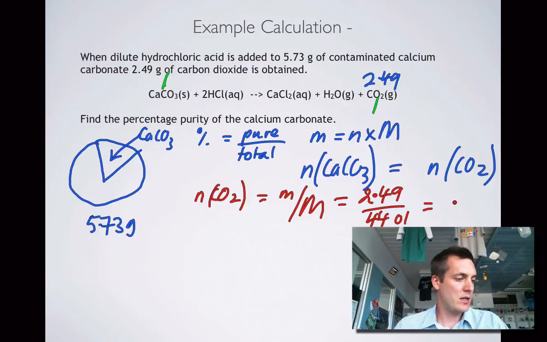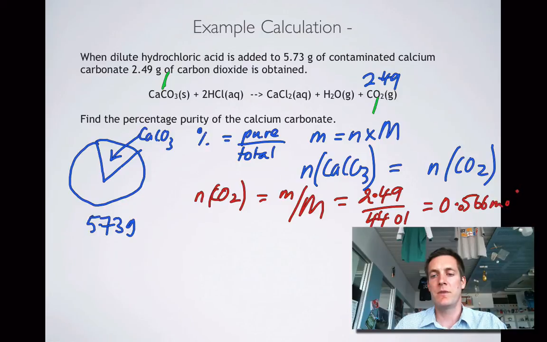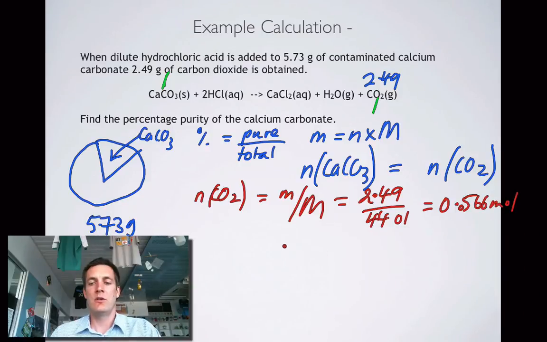And what does that equal? That equals 0.0566 moles. So the number of moles of carbon dioxide is that, therefore the number of moles of calcium carbonate is also that.